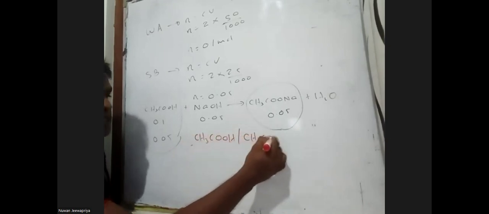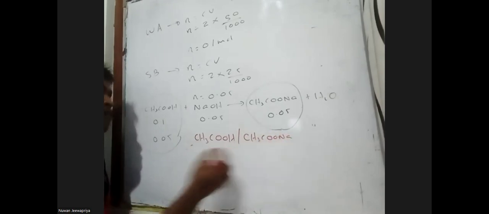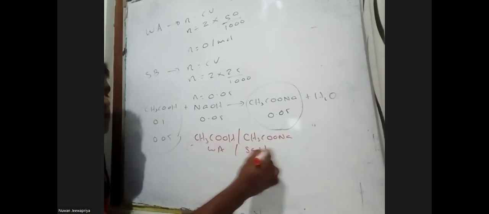The pH equation for the buffers. This is a buffer solution. Why? This is the combination of CH3COOH and CH3COONa, the weak acid and its salt. So this is a buffer. The buffer's pH can be found by the Henderson equation.